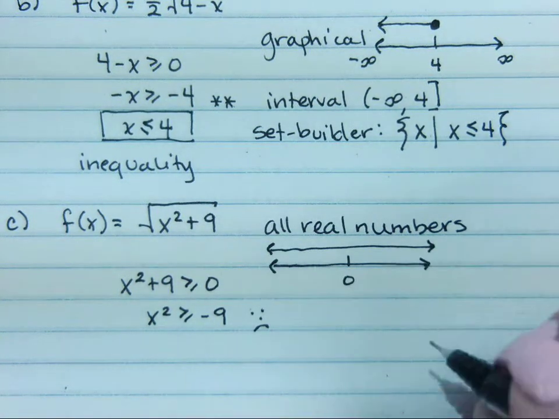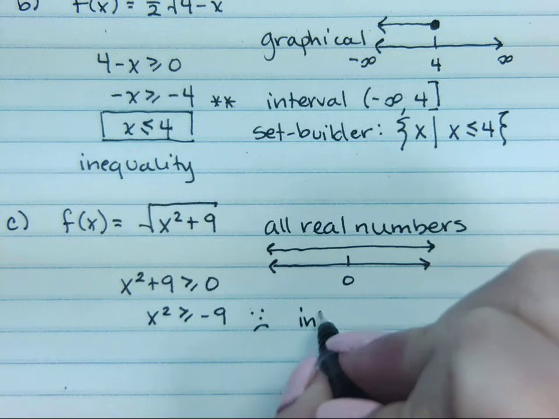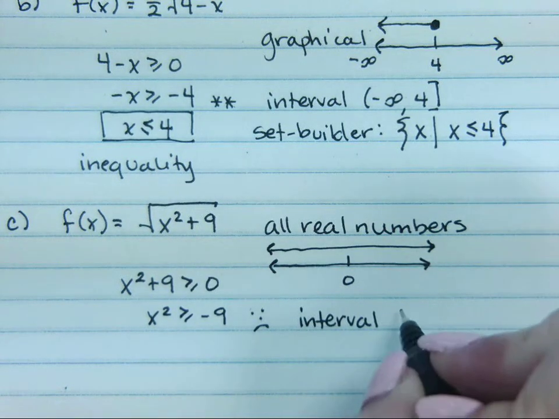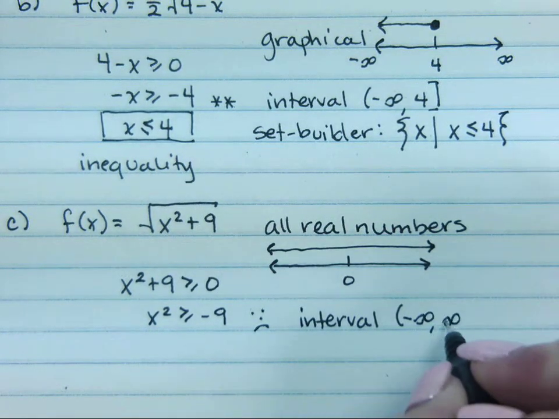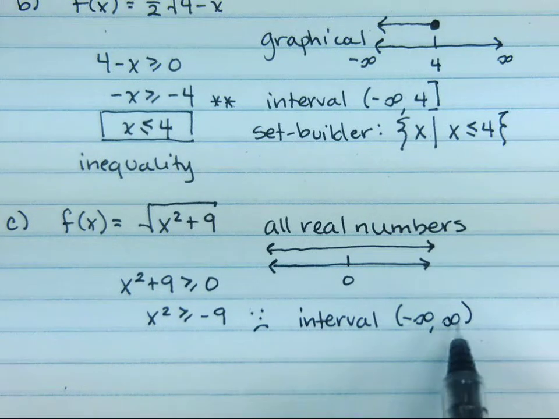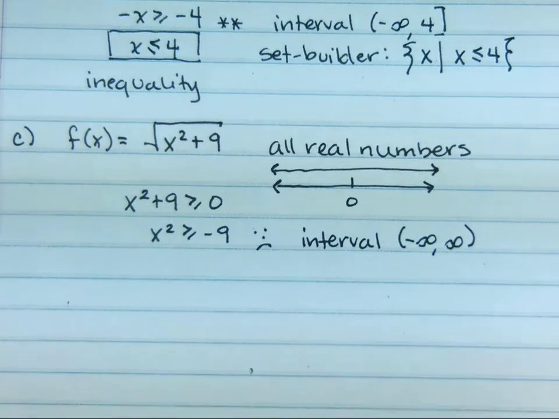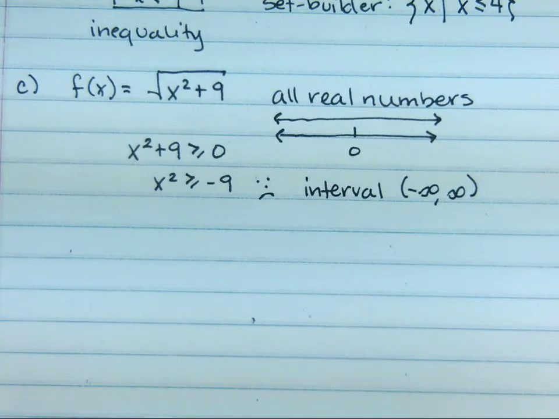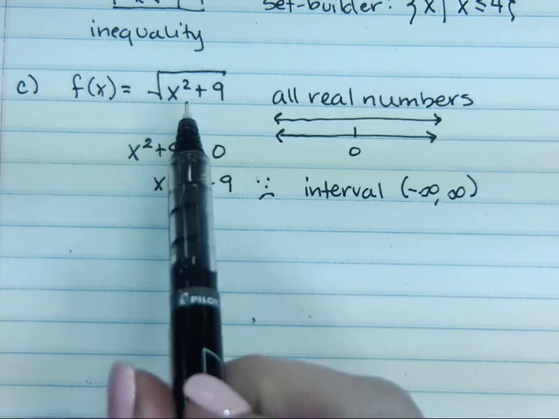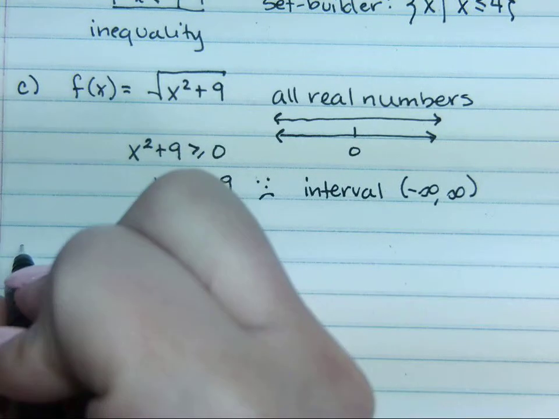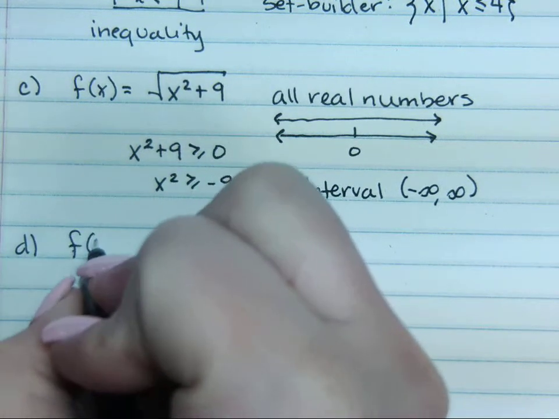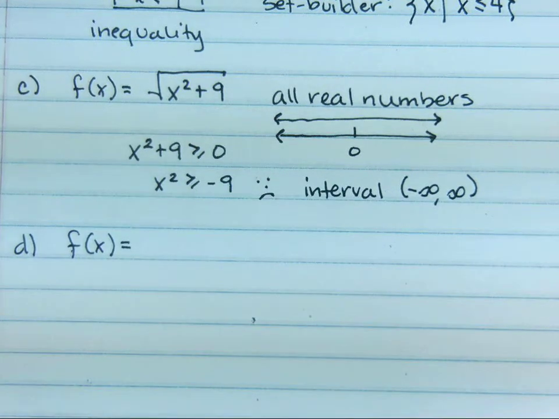In interval notation, we go from negative infinity to positive infinity, which tells us we get to use everything. There's nothing I have to throw away like the others. That's not always going to be the case. That only happens because underneath this radical will always be positive. The trickier ones are what happens when that's not true.